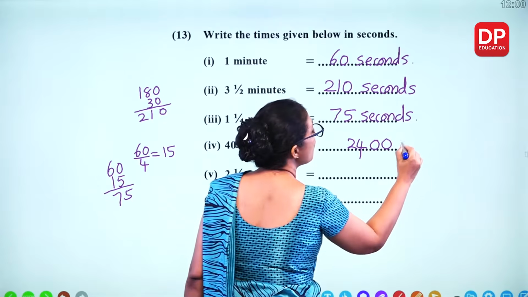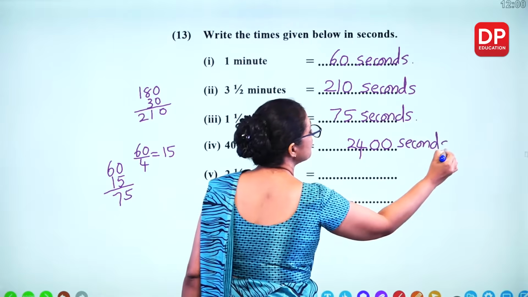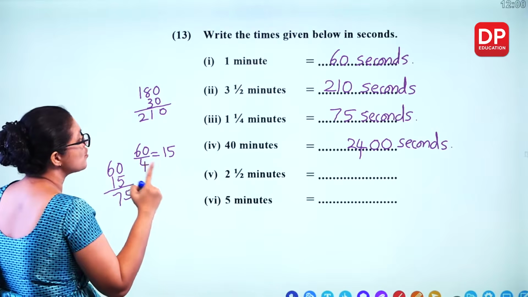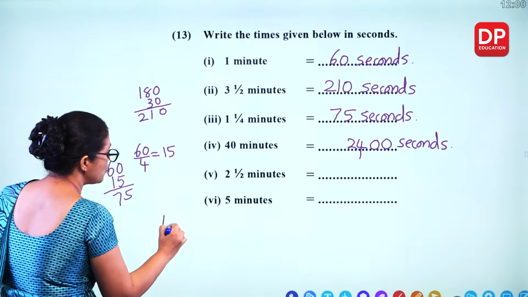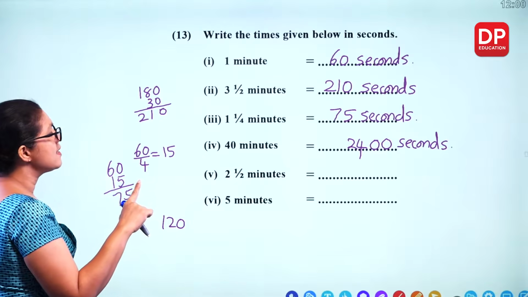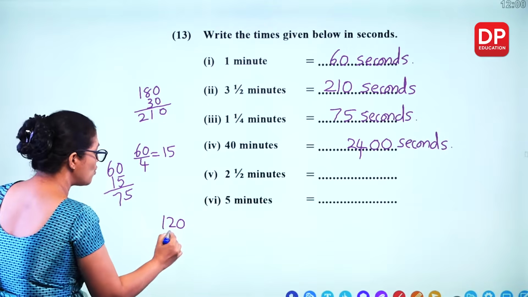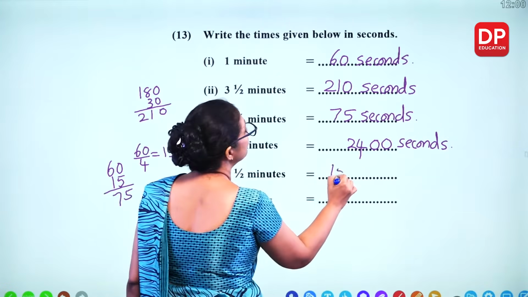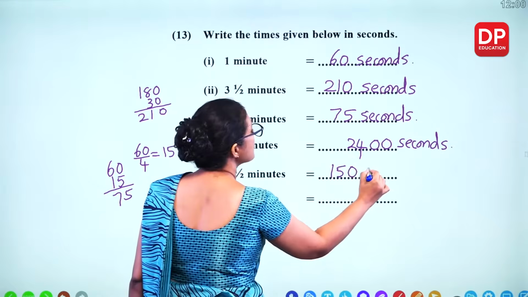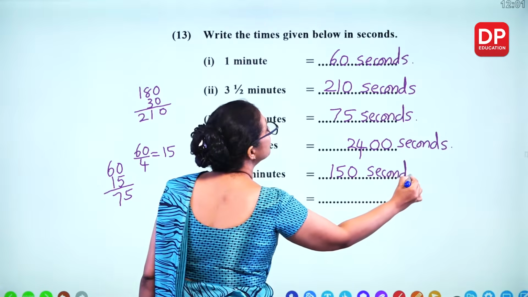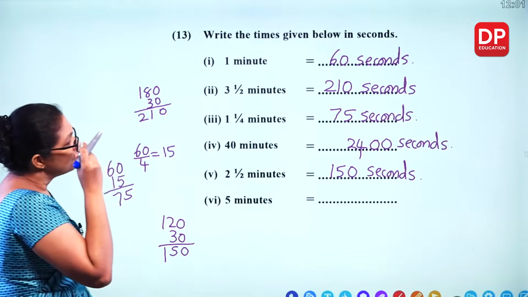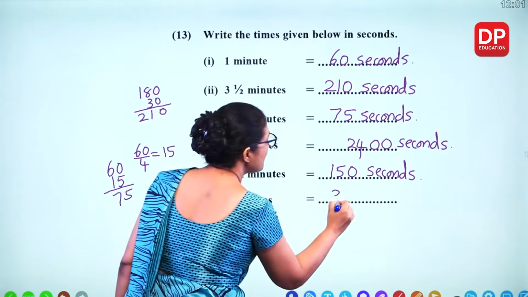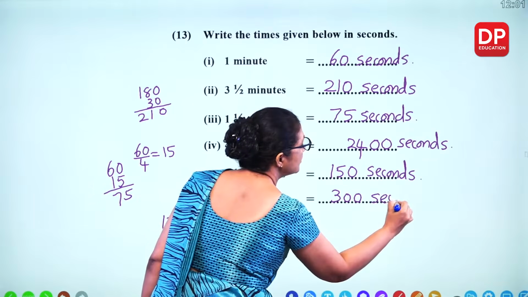So 2400 seconds. 2.5 minutes. 2 minutes means 2 into 60, you get 120. Half minute means half into 60, 60 divided by 2, 30. When you add these, you get 150 seconds. Then 5 minutes, 5 times 60, 300 seconds.